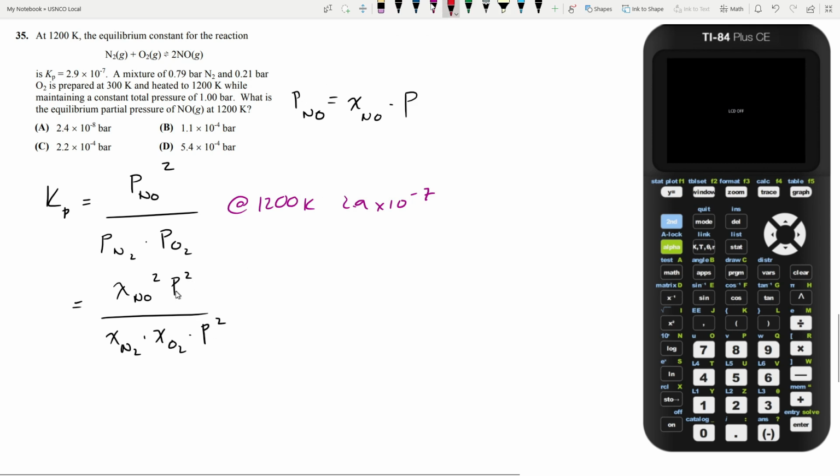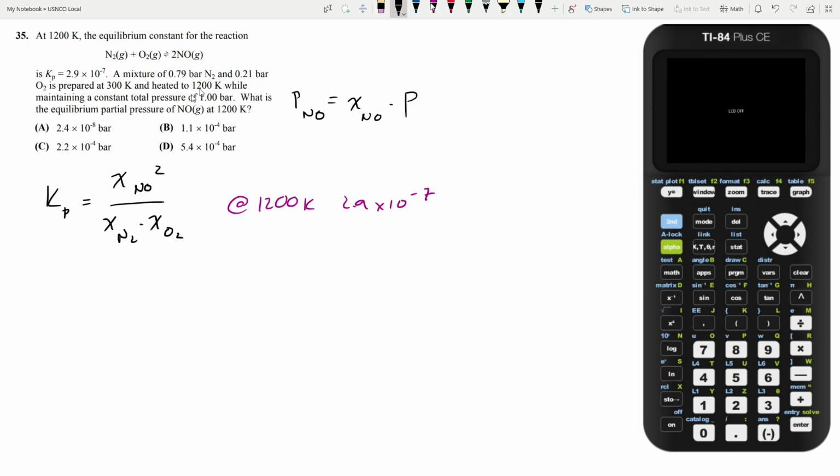And you notice that you can cancel these out. So your Kp value is going to be the same as the mole fraction of NO squared over the mole fraction of N2 times the mole fraction of O2.